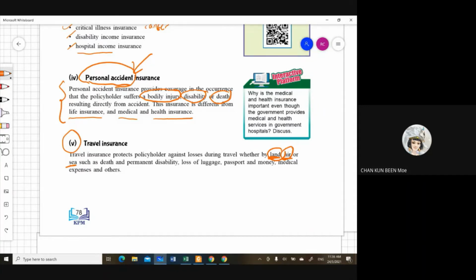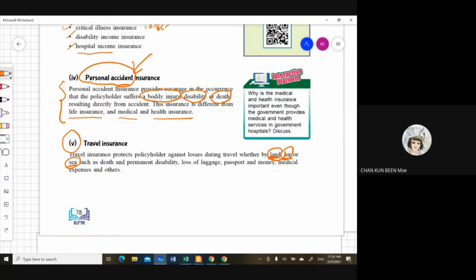And by sea, for example if you go on cruises, they also have this kind of insurance, covering death and permanent disability, loss of luggage, passport and money, medical expenses, and others.